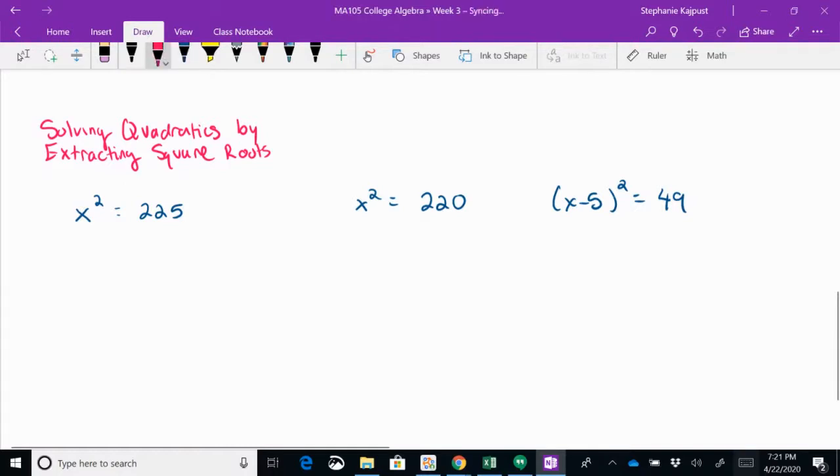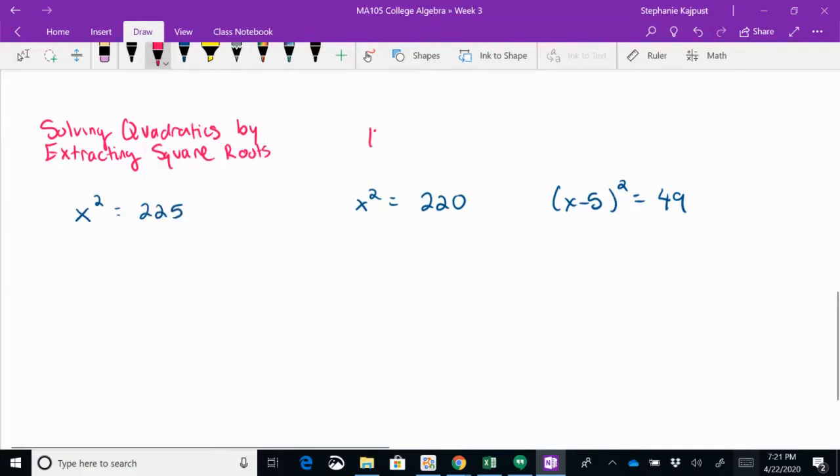When you're doing the square root method, you have to have only something squared in your equation. So you're either going to have just an x squared, or you might have something in parentheses squared, but you don't have anything with just a regular x, because that means you can't use this method. So you can note that the form is something squared equals a number.